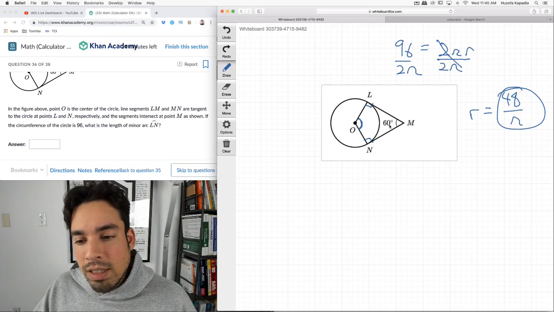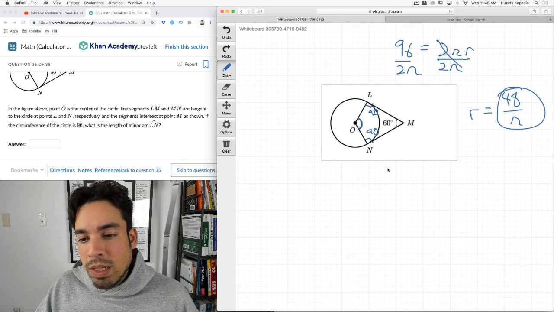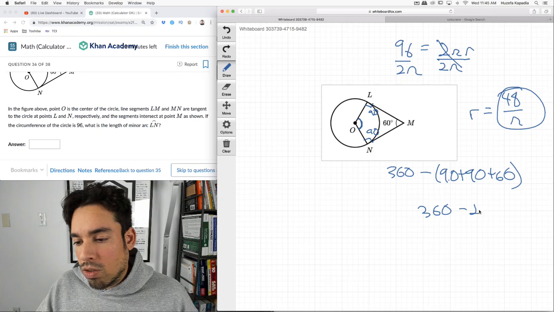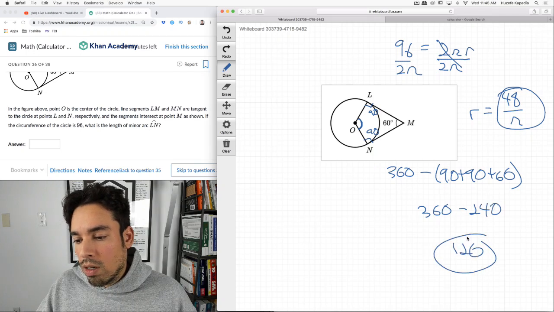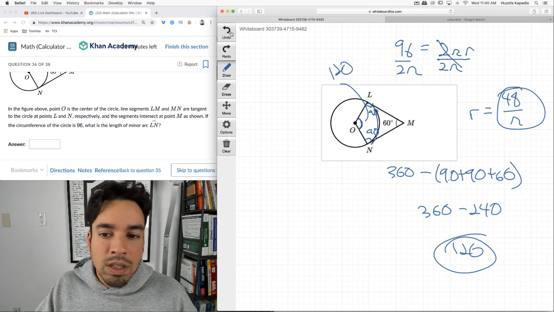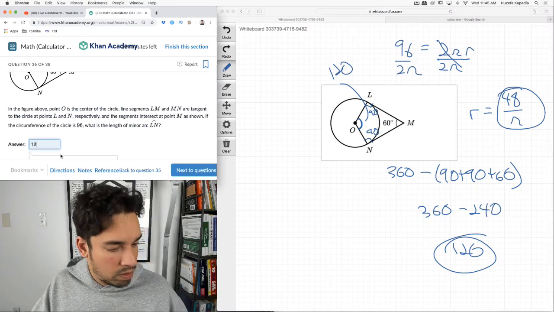So we can say this is 60, this is 90, this is 90. Therefore, this must be 360 minus (90 plus 90 plus 60), right? It has to, because they all have to add up to 360. So this is 180, 240. 360 minus 240 is 120. So if this angle in here is 120 degrees, this arc is the same. It's 120 degrees.